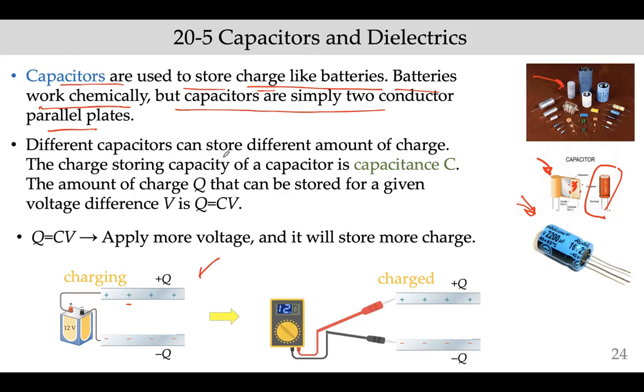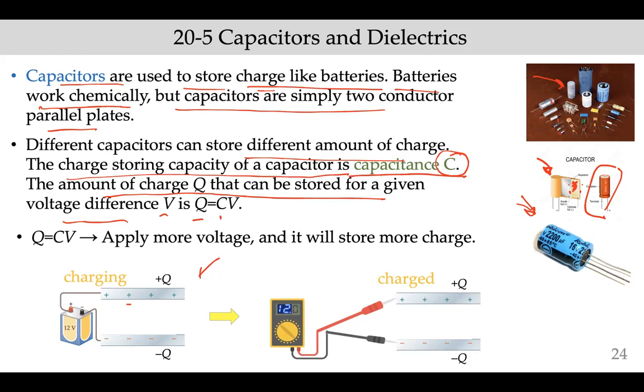Different capacitors can store different amounts of charge. The charge storing capacity of a capacitor is called capacitance, and it's shown by C. The amount of charge Q that can be stored for a given voltage difference, V, is Q equals C times V, where C is the capacitance. That's a property of the capacitor.